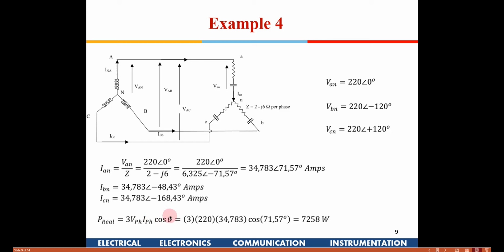And where do we get this cos theta from? Since the impedance is given as 2 minus 6j, cos theta is equal to 2 divided by |Z|, which is 6.325 in this case. So from there we get the value of cos theta, and you use this formula to obtain the power.